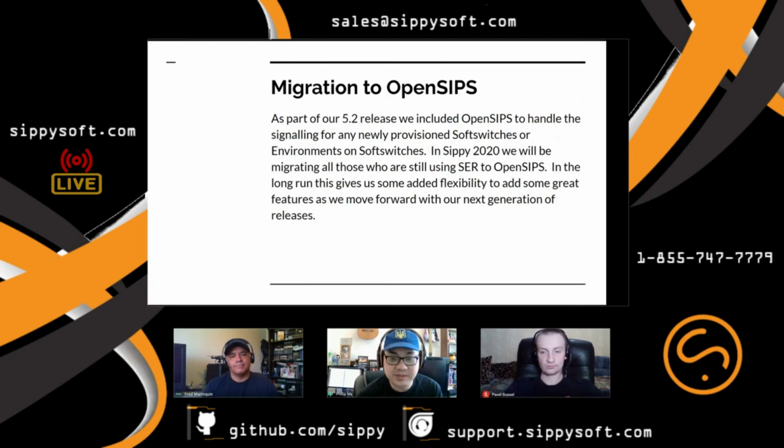Just keep in mind, OpenSIPS opens up some new doors for us to add some great new features like SMS and TLS signaling. So we're pretty excited for this 2020 release and what we'll see a little bit in the future.